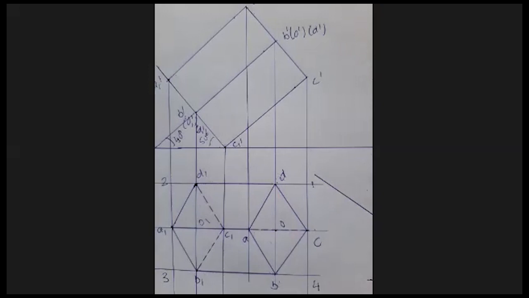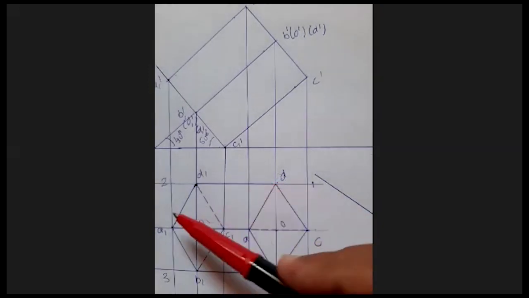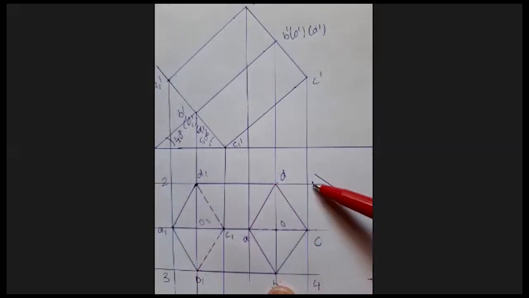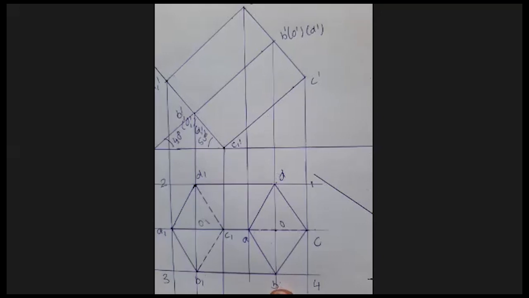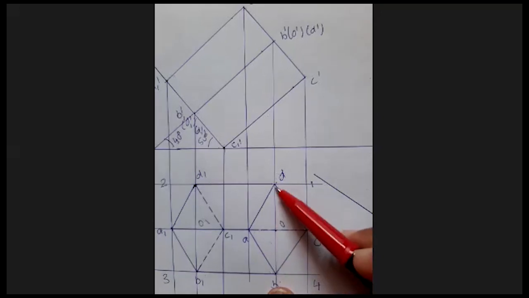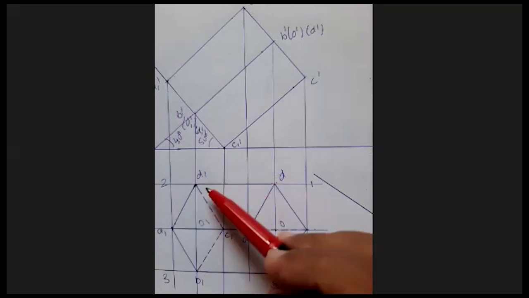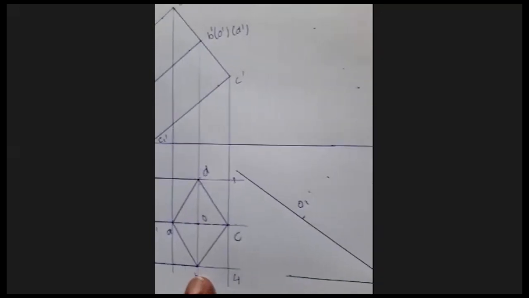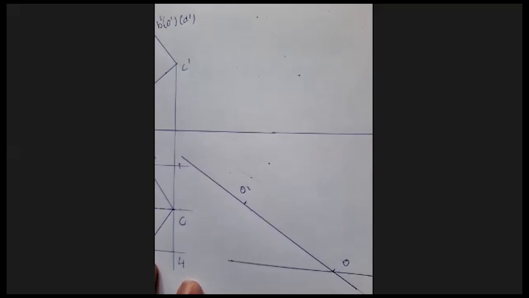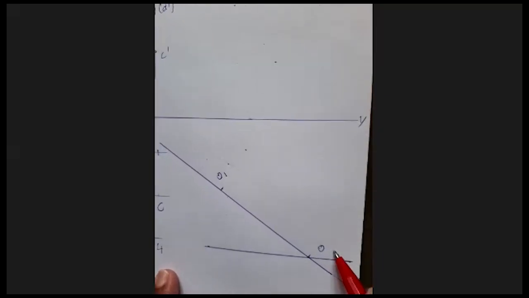But since this is a very easy problem for a square, we can place this axis triangle rectangle, or else I can place this 1, 2, 3, 4 rectangle here on this axis. So as of now, I'll just be placing this D, D1, B1 and B here on this line.